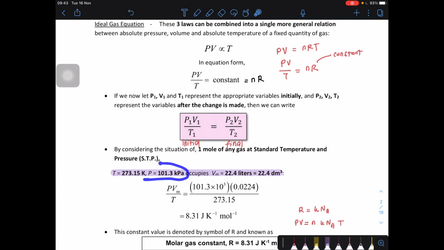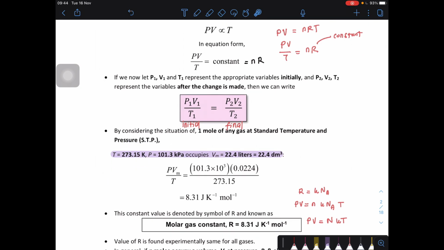The pressure will be equal to 101.3 kilopascal. And the volume will be equal to 22.4 liters or 22.4 decimeter cubed. Usually kita akan gunakan dalam SI unit lah, this one. Okay, so kalau soalan tu bagi tahu, the gas is at standard temperature. So standard temperature, this one lah.